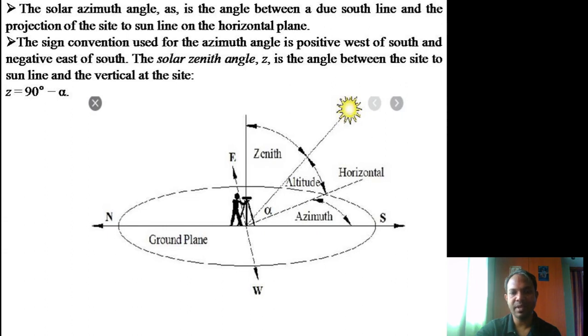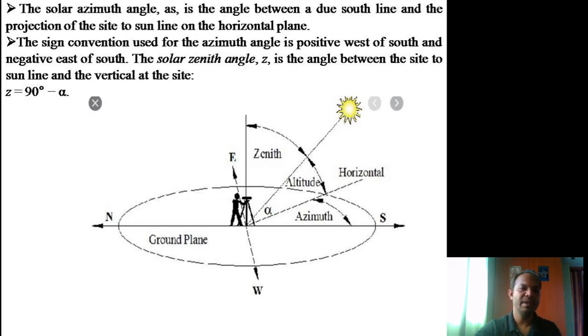I repeat once again. If you are considering the north, when the azimuth angle is 0 degrees, it lies over here. As you keep rotating in the clockwise direction, the positive, right side direction, once it reaches exactly east, the azimuth angle will be 90 degrees. As it keeps rotating to the next direction, that is south, exactly opposite to the north, the azimuth angle will be 180 degrees.